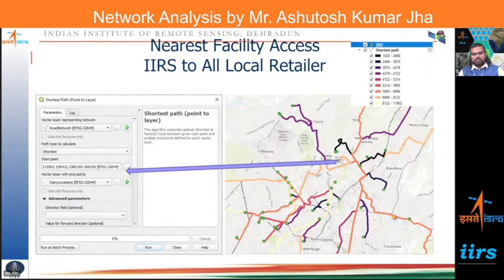Based on that, the analysis is carried out, and you can provide the information on which of these segments are at what distances. This is the shortest path which you can find out using the QGIS tool called shortest path point to layer.